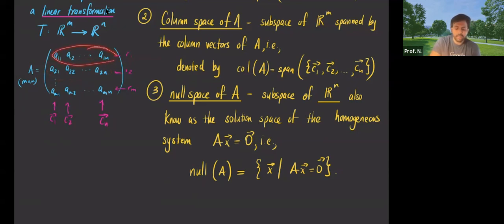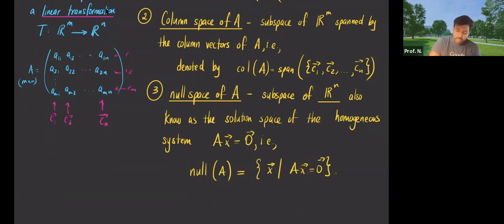In order for the dot product of a row of A with X to be defined every single time, X would have to have n entries. So if X has n entries and it's a column vector, then that means that X belongs to Rn.